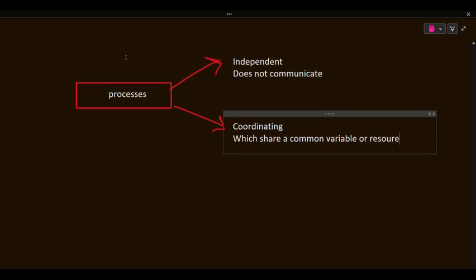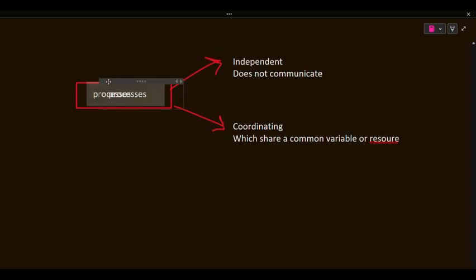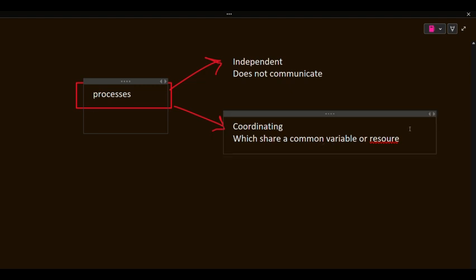Now, in the context of multi-programming, if two processes are coordinating with a common variable, it can cause data inconsistency or data loss.